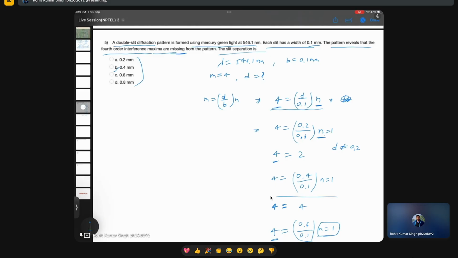Yeah, they have not mentioned it, but they have written that the fourth order interference maxima, m equal to 4, is missing. Now that means that m equal to 4 overlaps with the first order of the diffraction minima. Okay, that is, I think, explicit. If it is not given, you have to assume it.